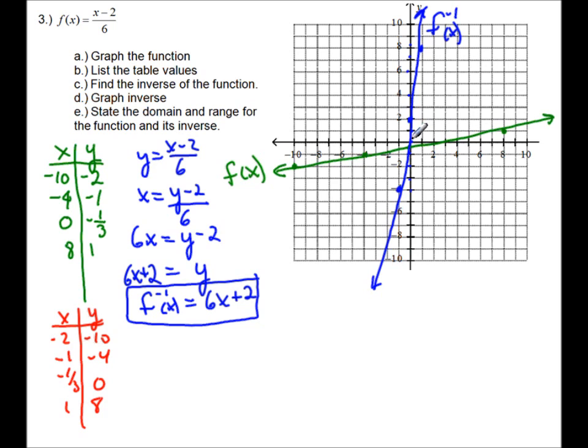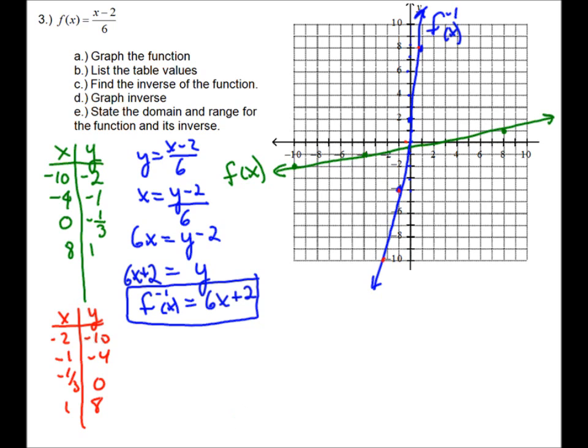And as you'll see, these points, negative 2, negative 10 is on our graph, negative 1, negative 4 is on our graph, negative 1/3, 0 is right about here. So we're off a little bit, but that's mostly because my graph is off. And then 1, 8 is up here, and that's also on our graph.